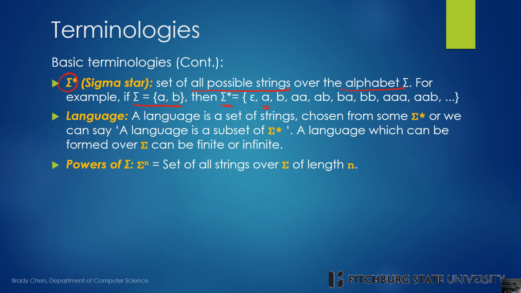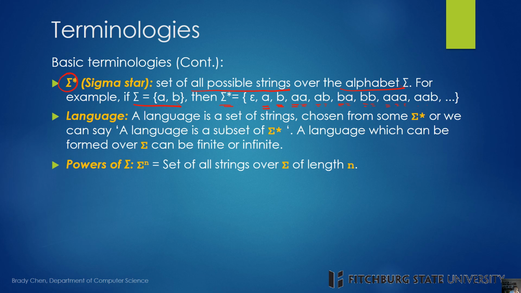So A is an element of sigma star, B is, and then you use A twice, and then combinations of A and B, B and A, and B, B, A, and so on. So it's all the possible strings over the alphabet. You can repeat the A as many times as you want, and then repeat the B as many times as you want, or repeat the combinations of A and B.